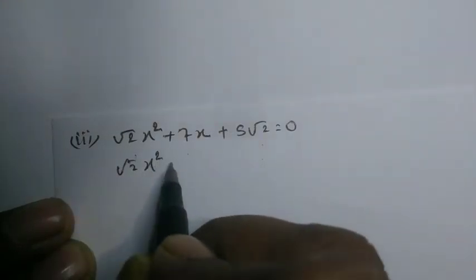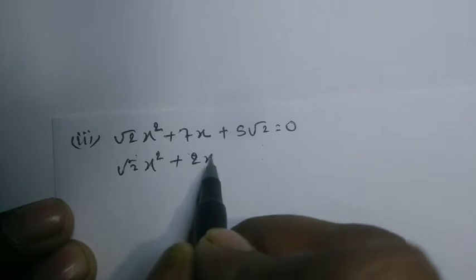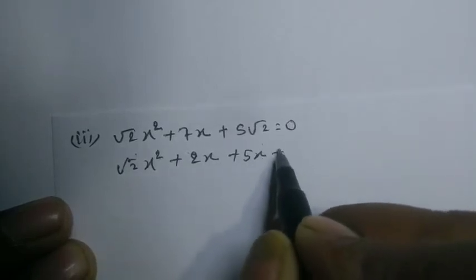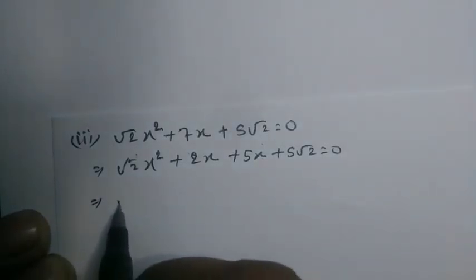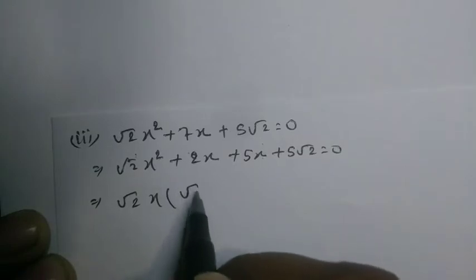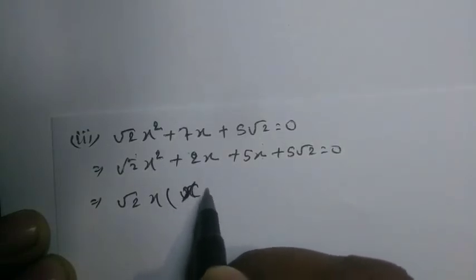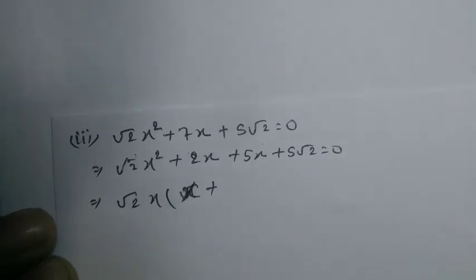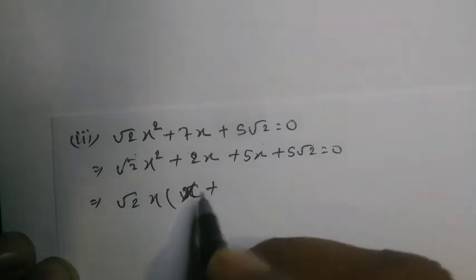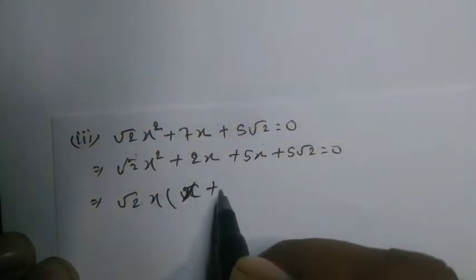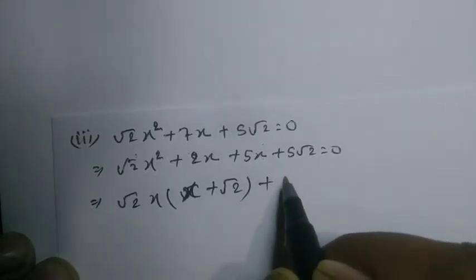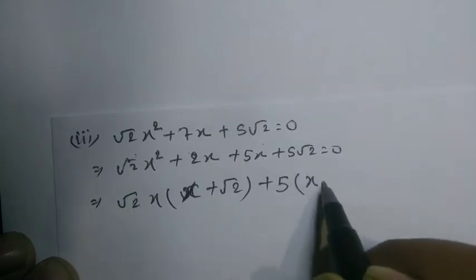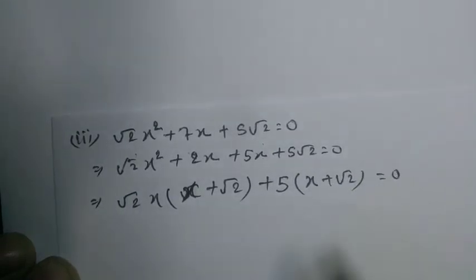So here we write root 2 x square plus 2x plus 5x plus 5 root 2 is equal to 0. Now root 2 x is common, then you get x plus root 2, since root 2 into root 2 is 2. In the other term we take 5 common, then we get x plus root 2, that is equal to 0.